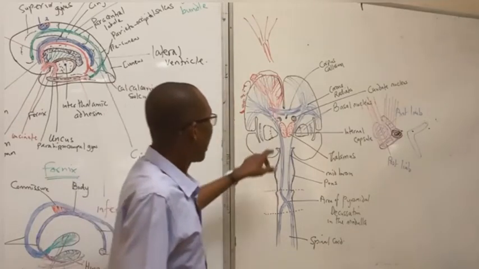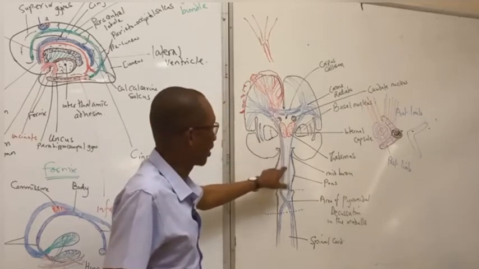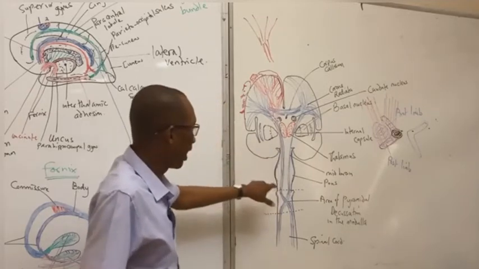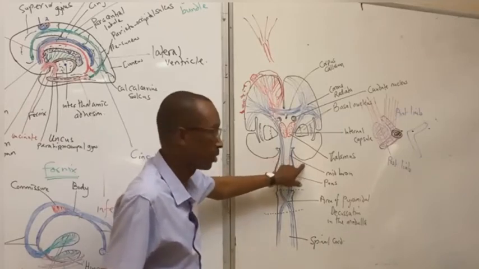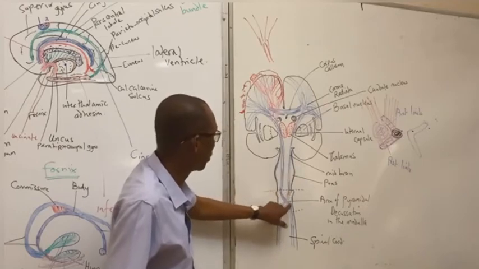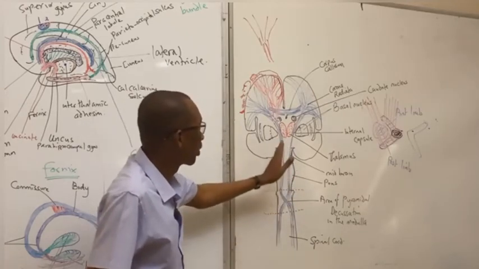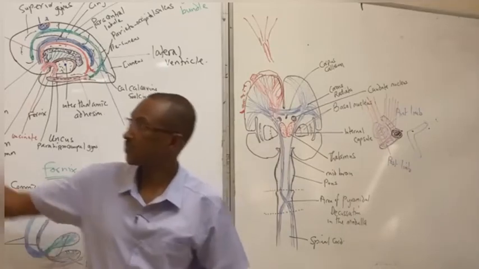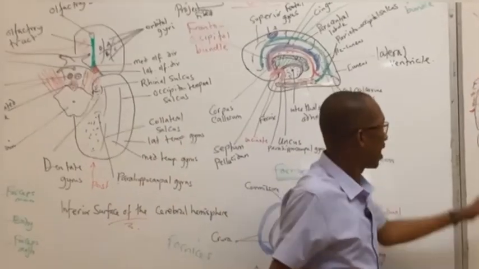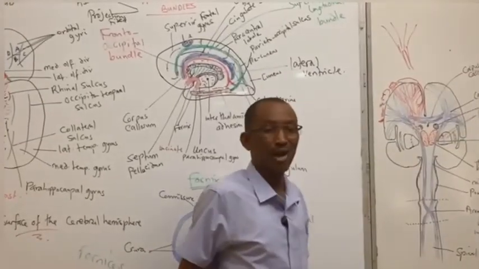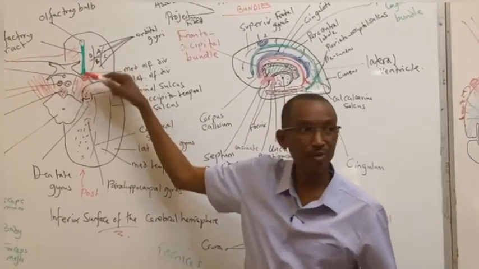So as these fibers of the internal capsule descend, they all pass through the midbrain, the brainstem. And I told you before that the brainstem consists of the midbrain, pons, and medulla oblongata, which is this one. If you can remember, while I was discussing the inferior side of the cerebral hemisphere, I discussed the cerebral peduncles, these bundles that descend from the internal capsule.